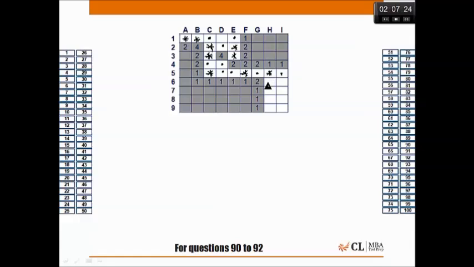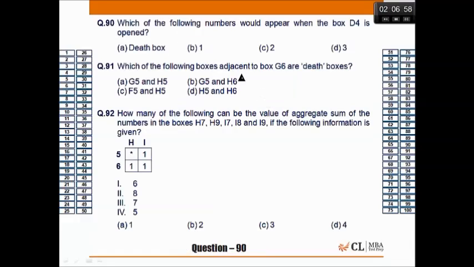I've got 2 cases. So this has to be a star. Anyway, let's see.